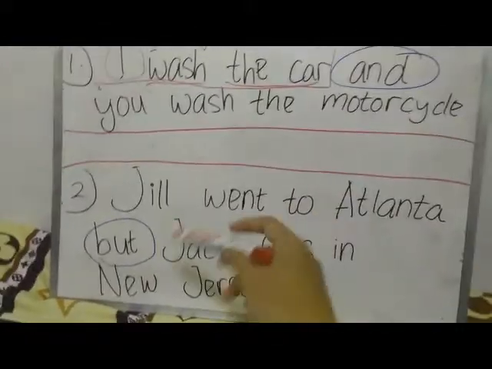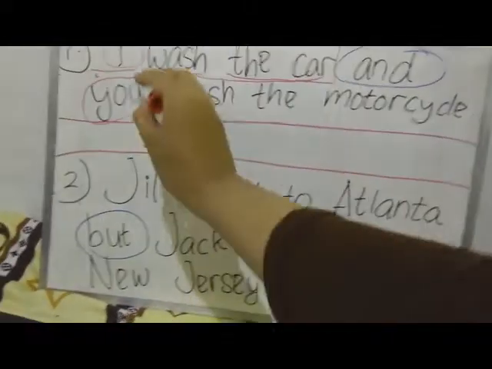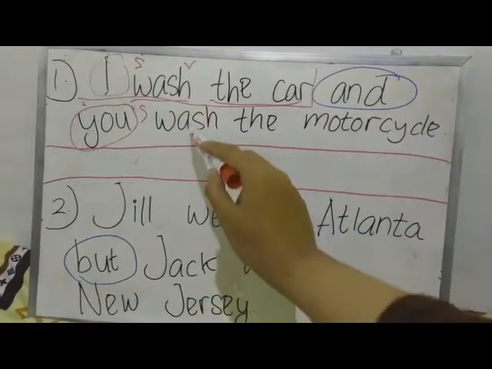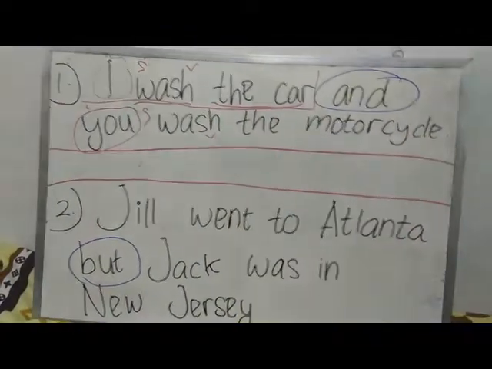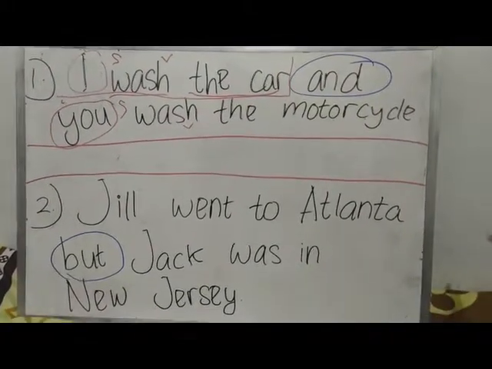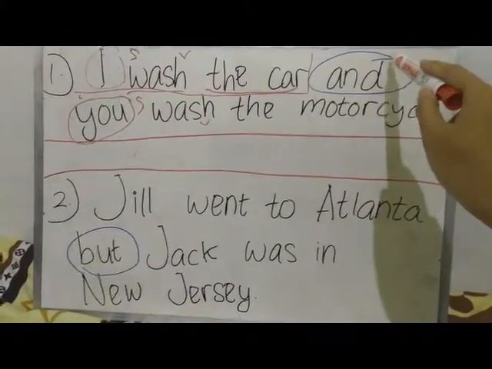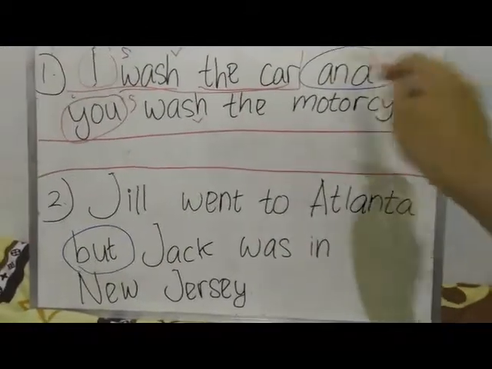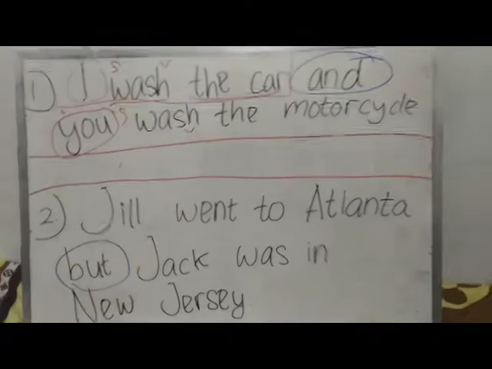And you is the subject, same as the first clause, and wash is also the verb. The motorcycle is the object, and they are connected by a conjunction, which I round in blue.